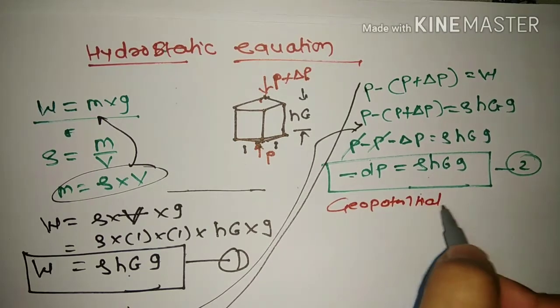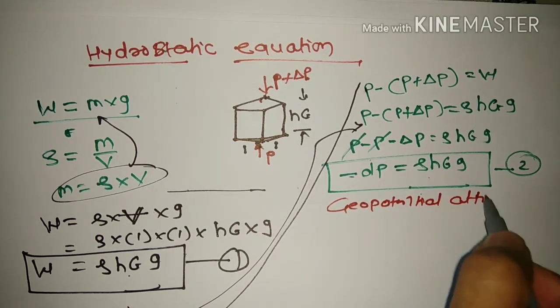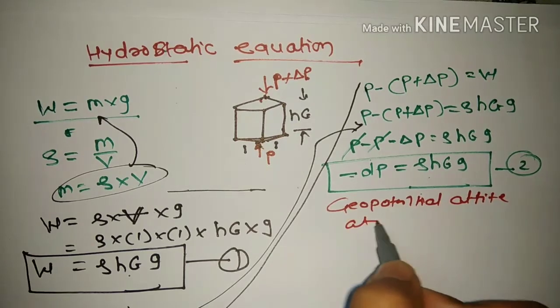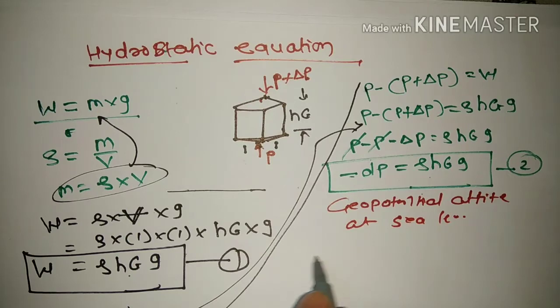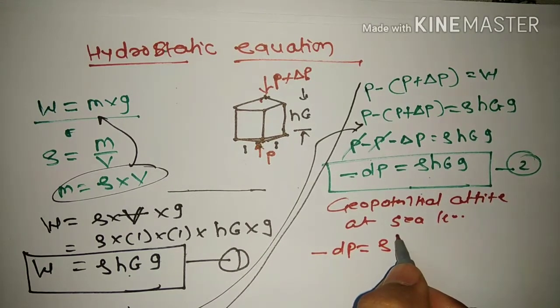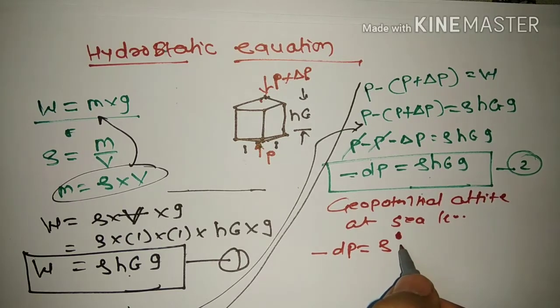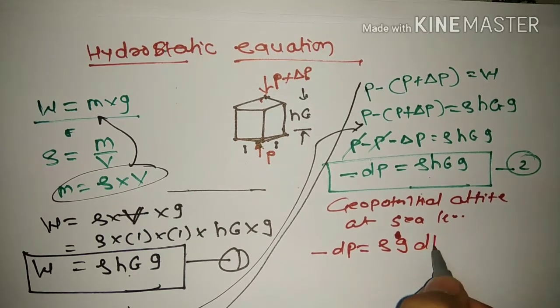What we can use for geometrical altitude, geopotential altitude at sea level: minus dp equals rho g delta h.